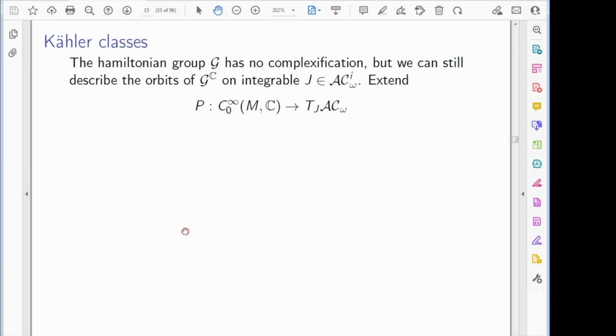A diffeomorphism will take this to a compatible vector field if it pulls back omega to a type (1,1) Kähler metric.